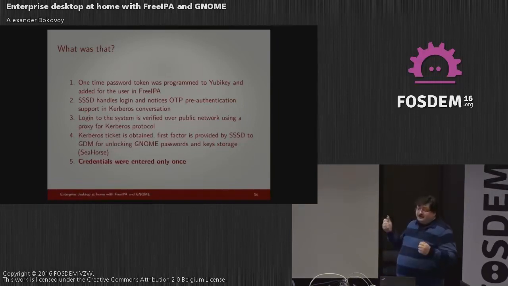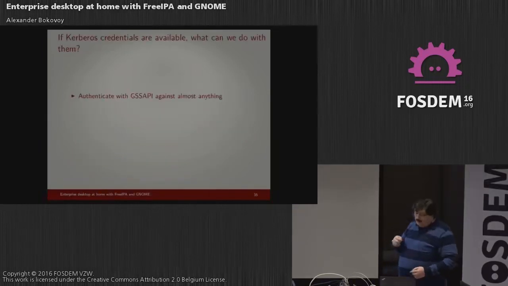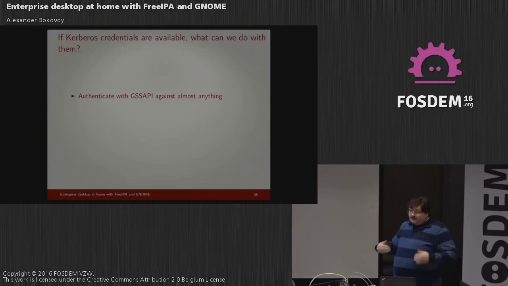Again, credentials were entered just once, on one screen, and then we can use or derive some facts about this authentication based on this. So what can we derive? The obvious part is that we can authenticate against almost anything. One simple thing is that I'm already authenticated against my identity and authentication server, my FreeIPA server, to get access to the system.